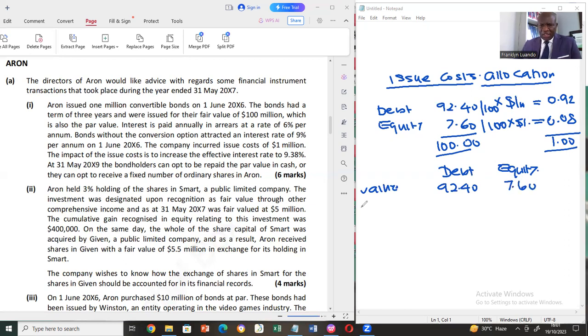Issue costs allocated, there it will be 0.92, and there it will be 0.08.